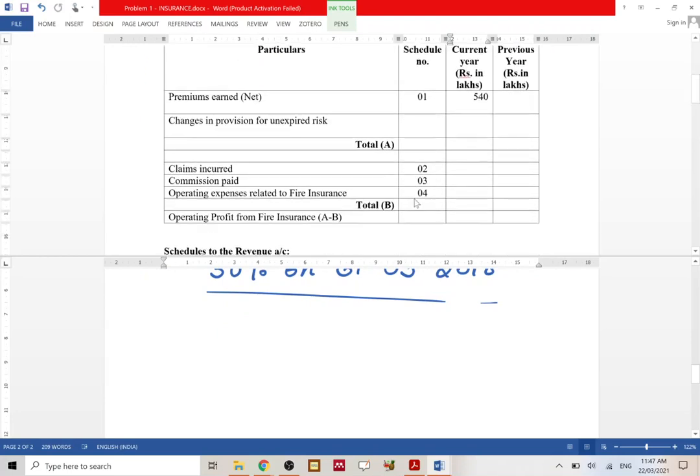Unexpired risk provision is always calculated as 50% of premiums earned. The rate of the provision is given to us as 50%. Now on what to calculate it? The premiums earned. Of the premiums earned, we are making a 50% provision, since some premiums may not come back from the clients.